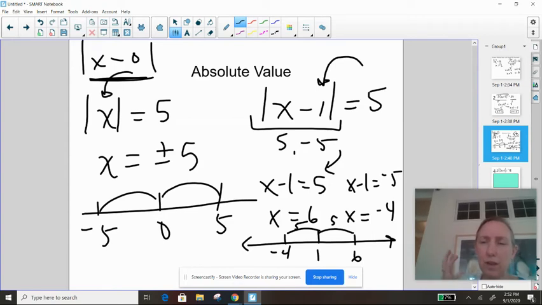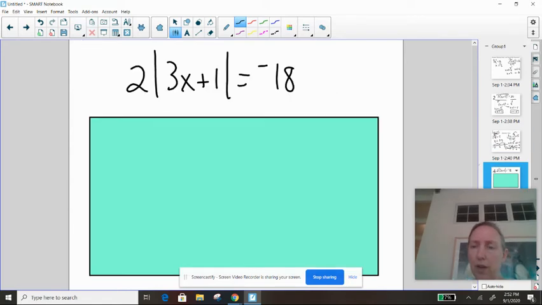So if you can think of that visual representation, you won't forget that second answer, which sometimes happens, that you forget there's a second solution. And if this just doesn't resonate with you, the algebra is always a great backup. So go ahead and try and solve that one. Pause your video, then come back and see if you got it right.